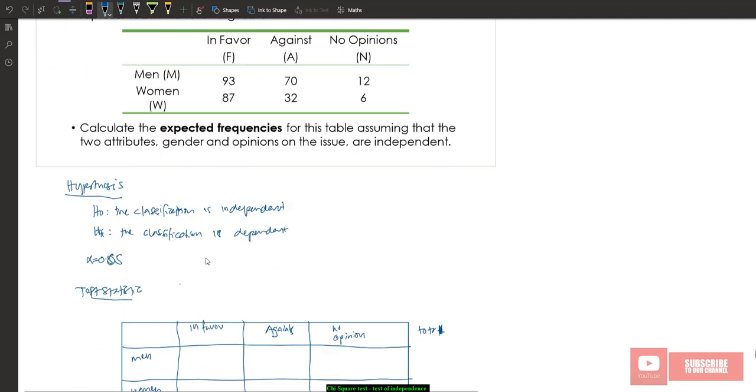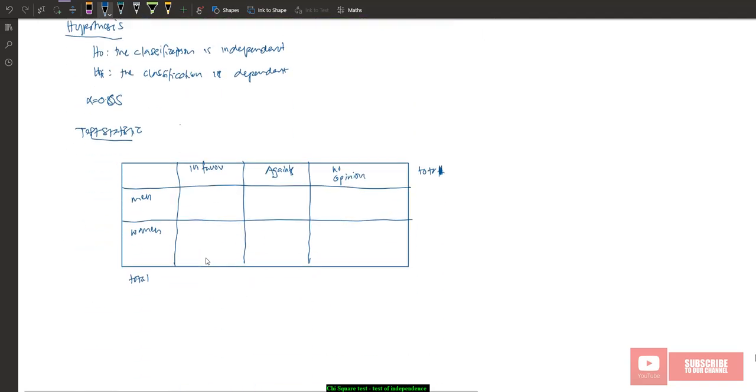And the frequency inside each cell, favor man is 93. This is 70. This is 12. And for woman, this is 87. This is 32. This is 6.